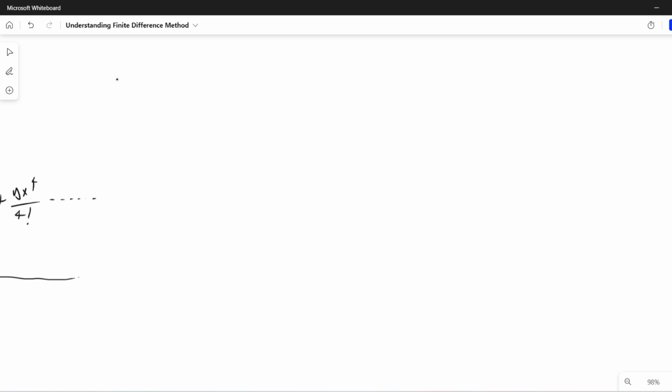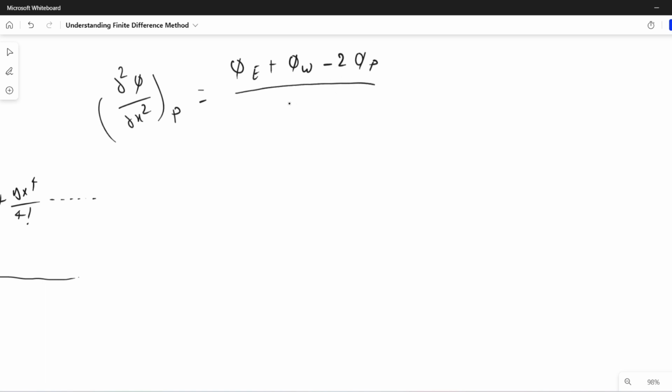We have got ∂²φ/∂x² at point P equal to φE plus φW minus 2φP divided by Δx², and the order of accuracy is Δx², or the order of accuracy is 2. Now again, this is central difference. Why? Because we have used both the points, point E and point W, to calculate the value of ∂²φ/∂x². So this is my central difference.